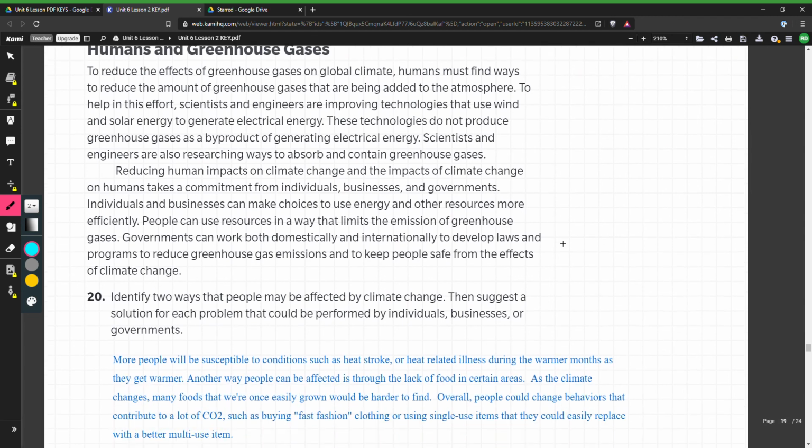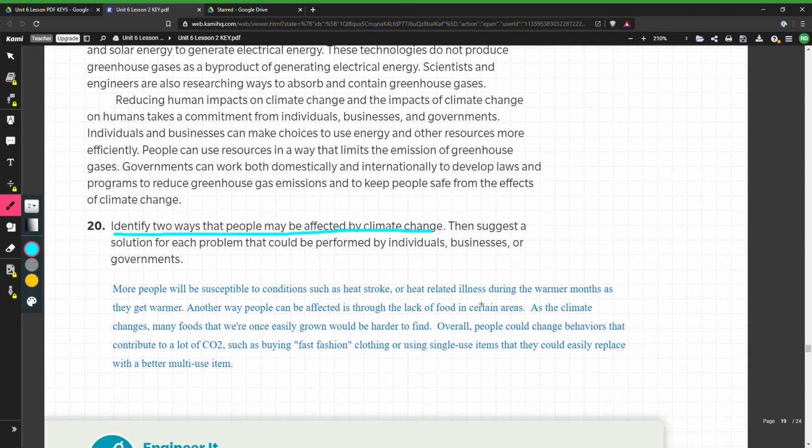And this talks about us and greenhouse gases, and something to recognize is that we can be affected by climate change. So what are two ways that we could be susceptible to climate change? One is that we would be more susceptible to conditions like heat stroke or heat-related illnesses. Maybe people that have paler skin tones are going to suffer more from skin cancers and things like that, because during the summer months they're going to be more exposed to light on a regular basis and UV rays.